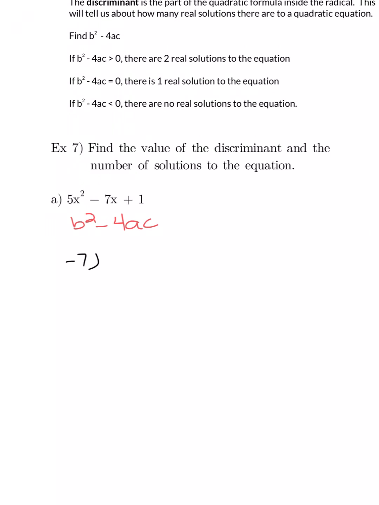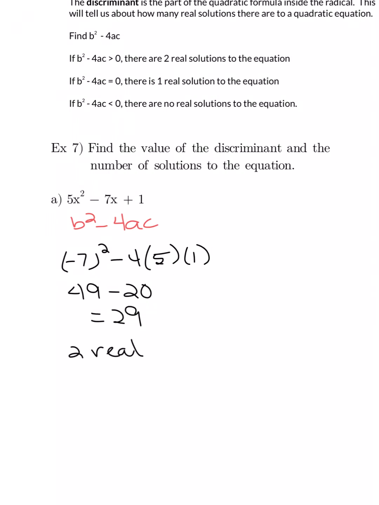We're going to square that, minus 4 times the a is 5 times the c is 1. This will give us 49 minus 20, which equals 29. The value of our discriminant is 29. Because it is a number that is greater than 0, we will have two real solutions.